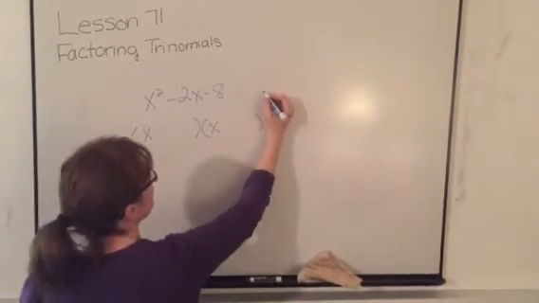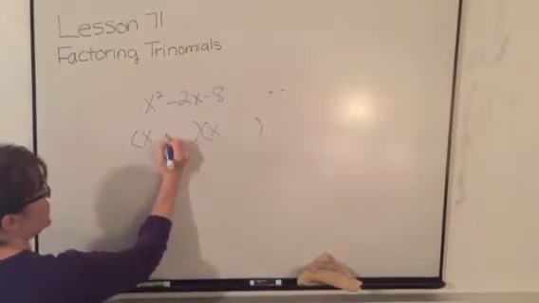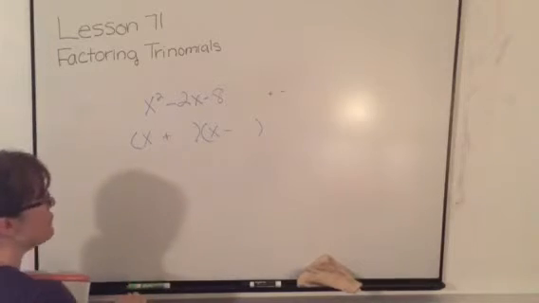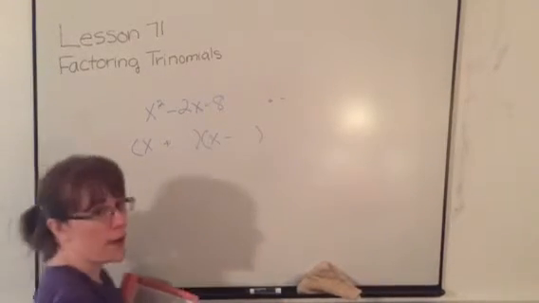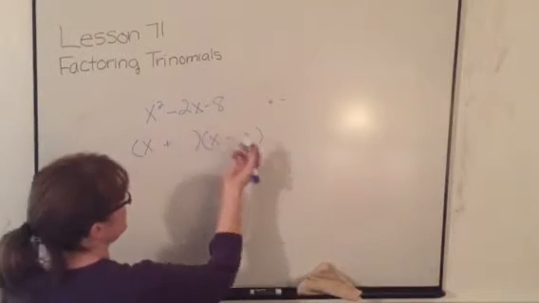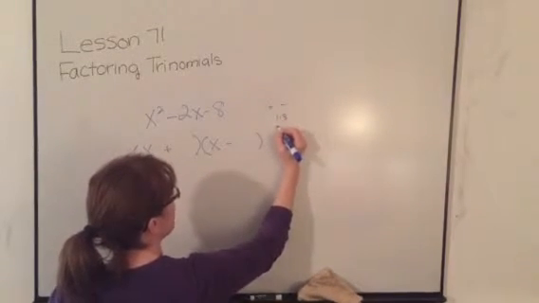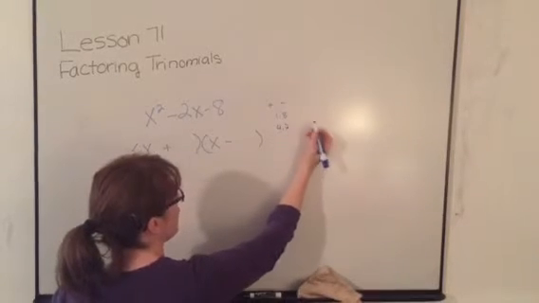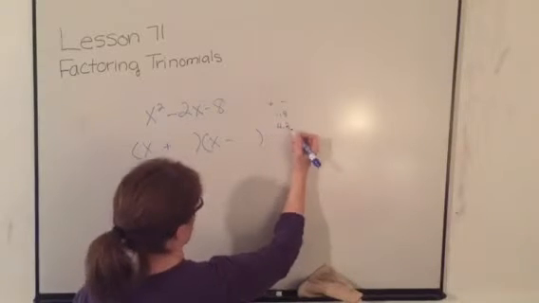This is negative, so I know that one of my signs will be positive and the other will be negative. So I'm just going to do positive and negative right there. This is negative, so I know that the bigger factor is going to be negative. So my factors for 8 are 1 and 8, 4 and 2, okay?